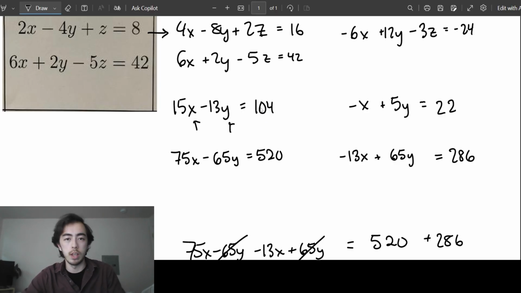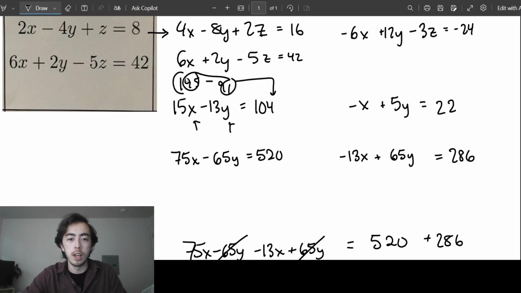And so I'm just calculating this again. 15 times 13 is 195. 13 times 7 is 91. Cool. And then once we do 195 minus 91, we get the 4, and the 100 just kind of comes along for the ride. Cool.